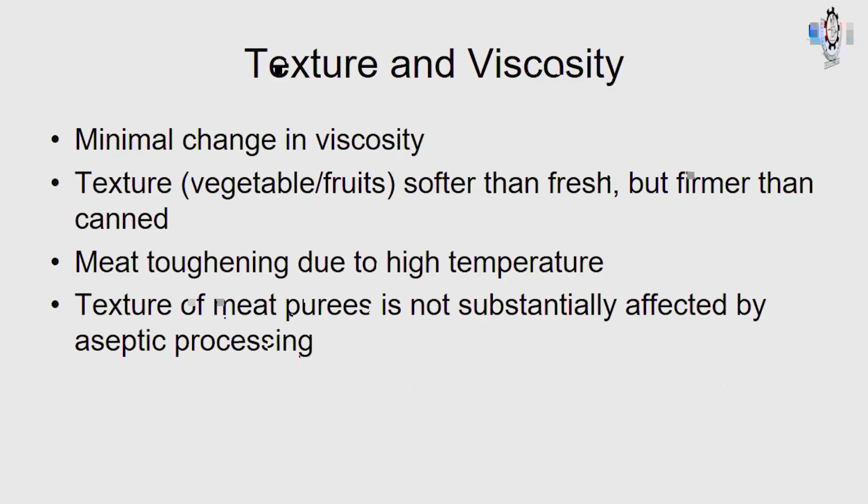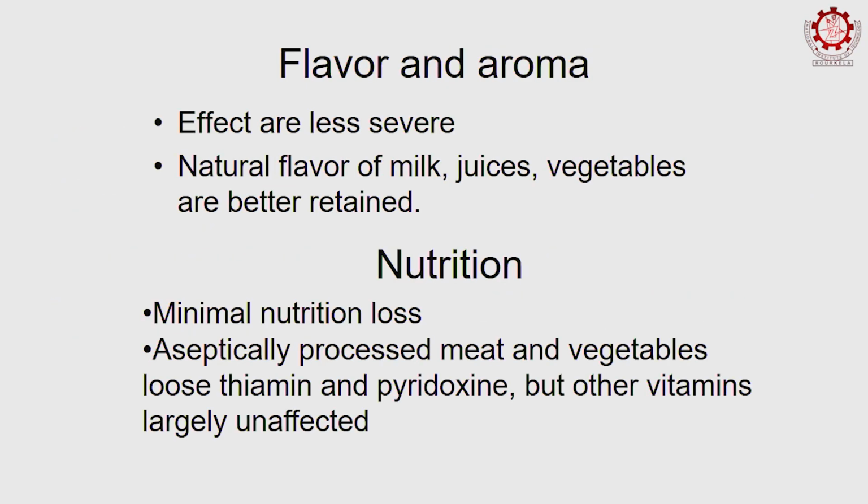For flavor, the product is much more flavorful, and for example in soups, things like that, you retain the natural flavor. You are doing high temperature short time, so that means it is going to better retain the nutrients, and most of the vitamins and other things remain unaffected.